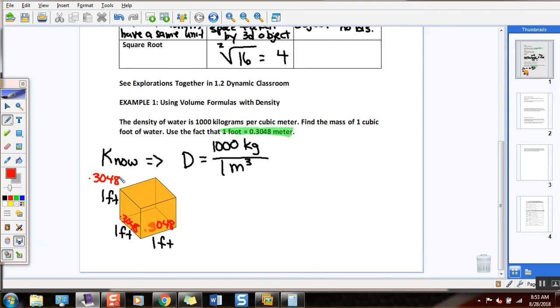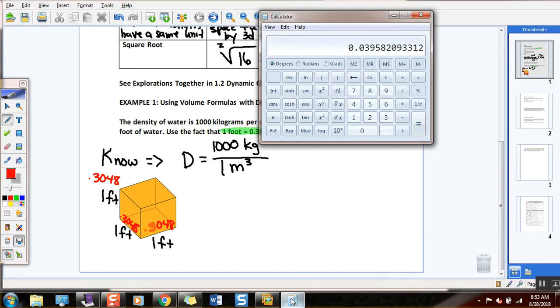Oh, thank you. Okay, so we're going to go not 3408, but 3048, and we're going to multiply these 3 times. So I'm going to go 0.3048 times. What do I get for a value, kids? 0.0283, because they went 4 places on that dimension.